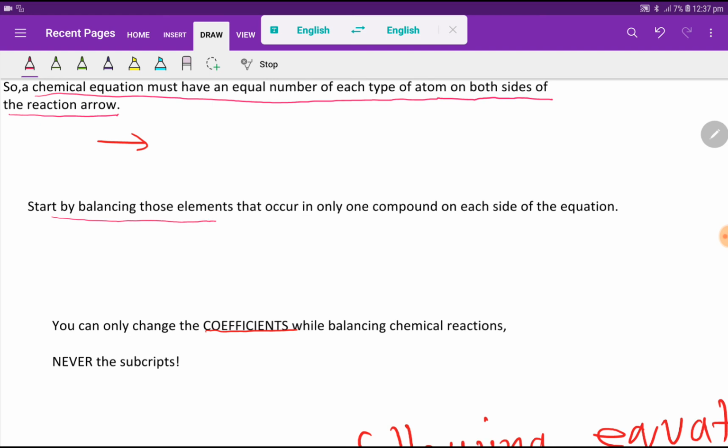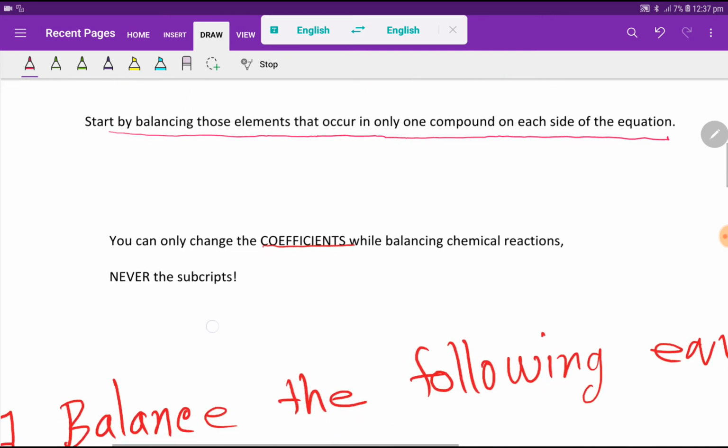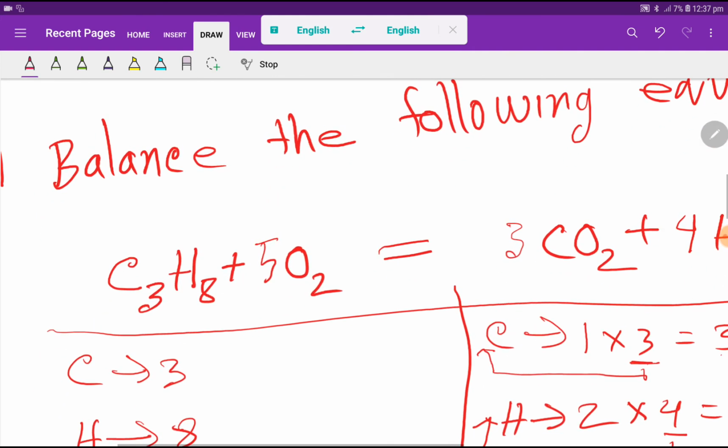Start by balancing those elements that occur in only one compound on each side of the equation. You can only change the coefficient while balancing chemical equations, never the subscript. Look, here 2 is a subscript, we don't change this. Here 5 is a coefficient, we change this. By changing coefficient, we usually balance chemical equations.